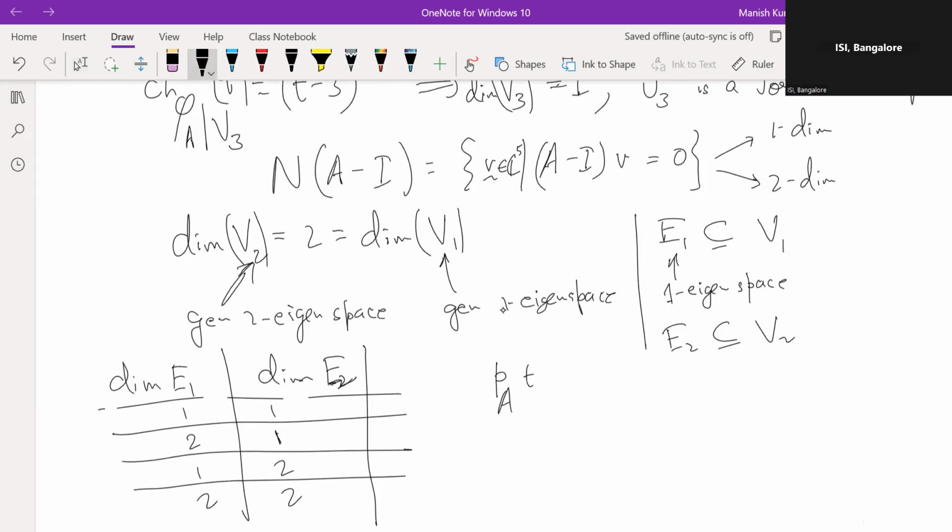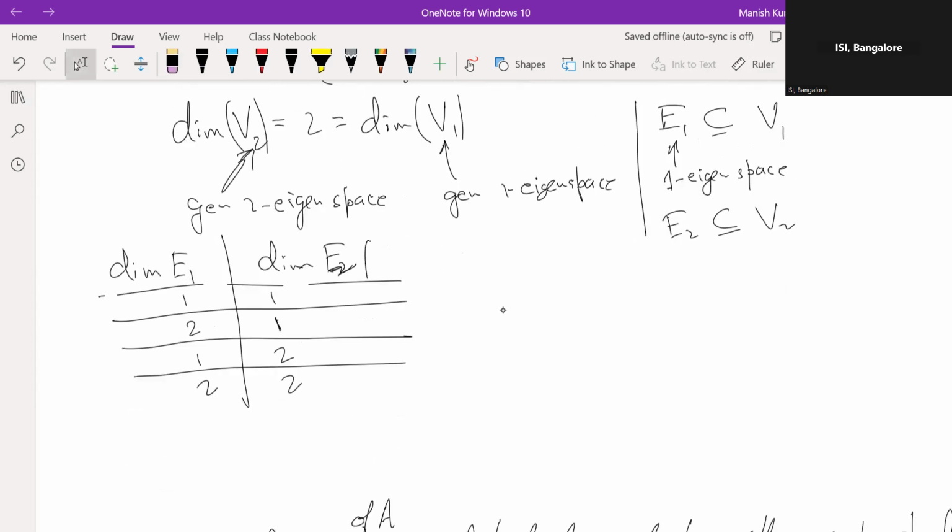There are 4 cases, and I want to figure out everything in these 4 cases. Of course, t minus 3 is a factor. What else? What will be the minimal polynomial in this case?